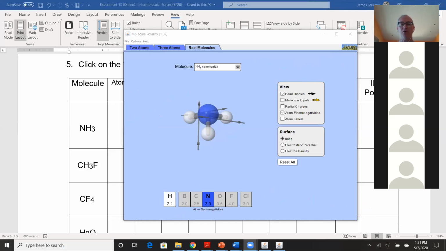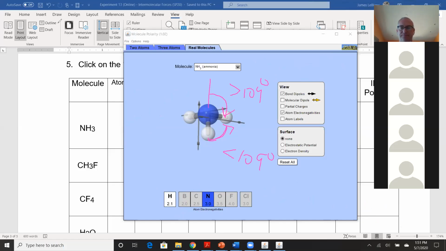You remember that lone pairs actually repel the other atoms away slightly. So if I look at this angle, it's going to be slightly more than 109, and these angles are going to be slightly less than 109.